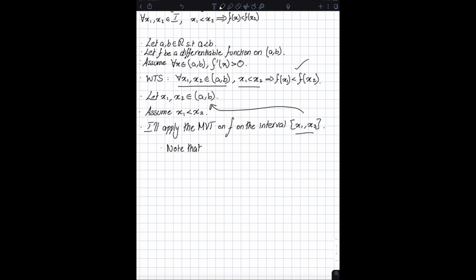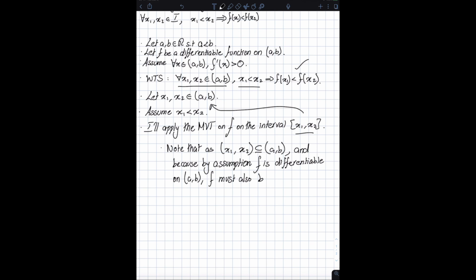Note that as the open interval (x1, x2) is a subset of the open interval (a, b), and because by assumption f is differentiable on the open interval (a, b), f must also be differentiable on the open interval (x1, x2).